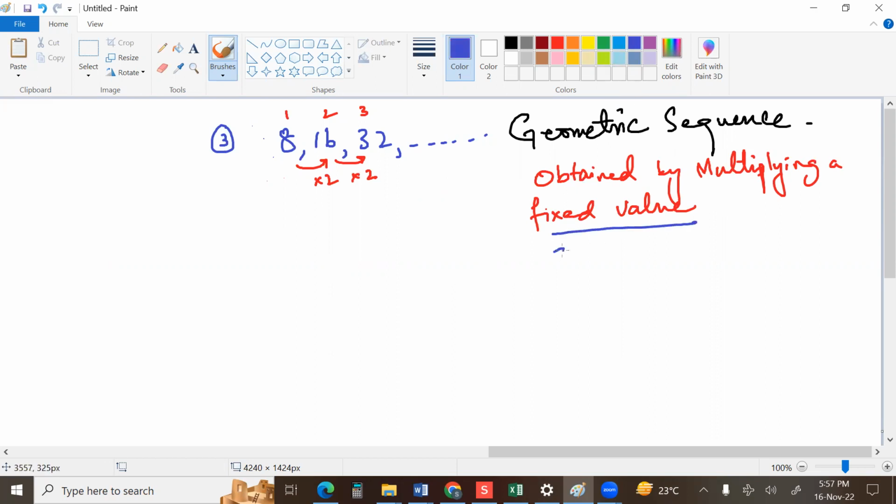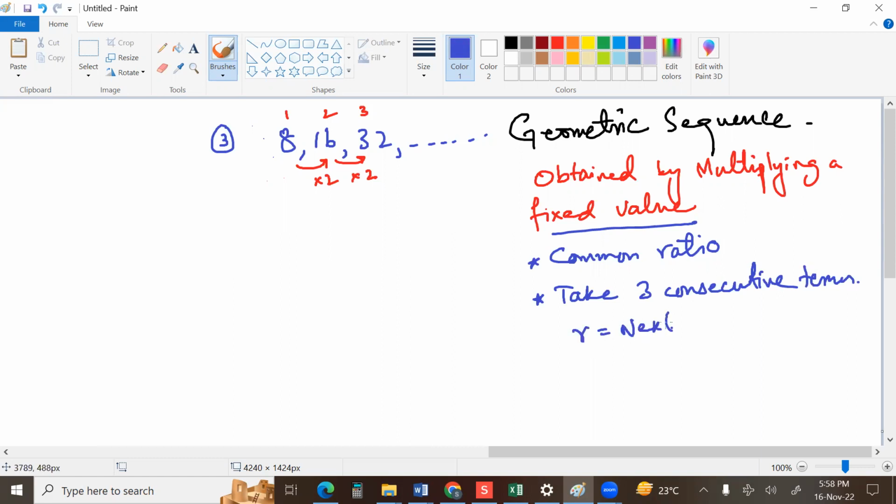That fixed value is called common ratio. And how do you find the common ratio? You take 3 consecutive terms, just like before in the arithmetic. You take 3 consecutive terms, and you find the ratio by next over previous. This time division is involved. Next over previous.